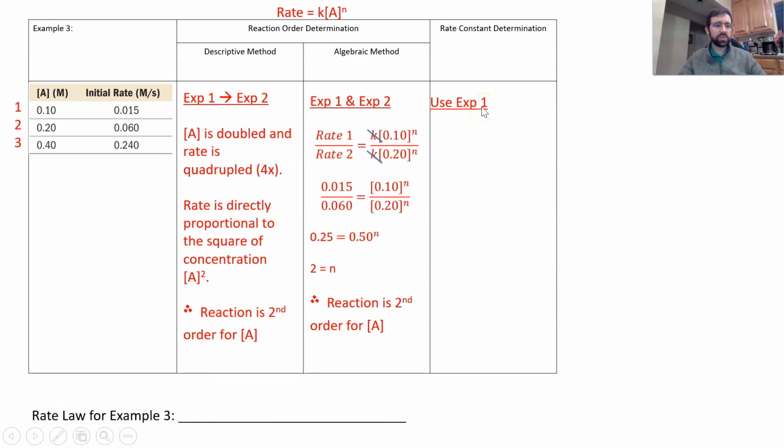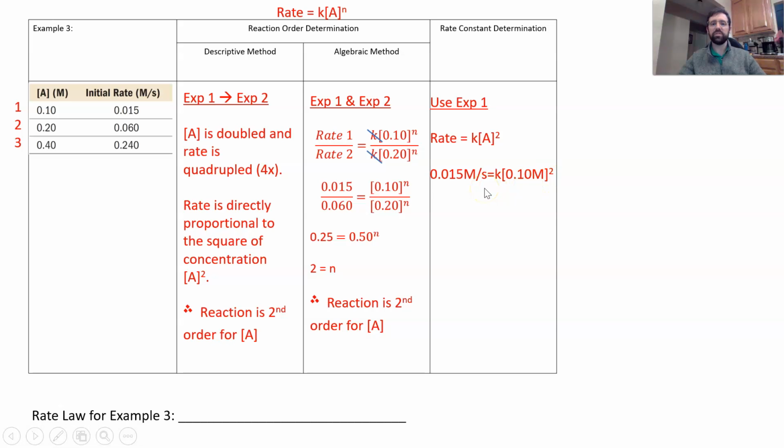Okay, let's use experiment 1 in order to find the rate constant. So we know that our rate law is k times the concentration of A squared. So we'll just plug stuff in for experiment 1 in this case. Rate equals k A squared. We have 0.015 is our rate, 0.015 molar per second, equals k times 0.010 molar squared.